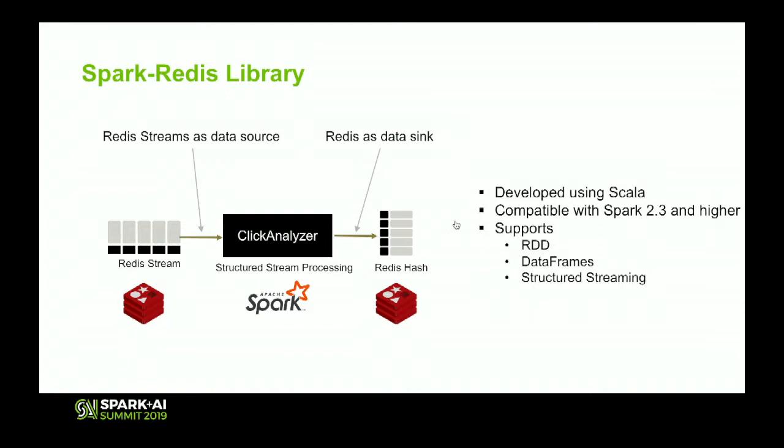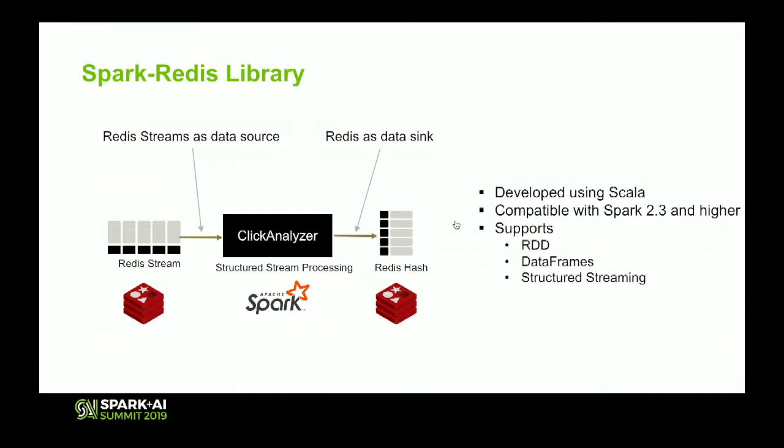And it supports RDD, data frames, structured streaming, everything, all cool stuff. And you can use this library to connect your Spark engine to Redis as a source. So you can make Redis your data source. And when I say Redis, it's not just limited to Redis streams. You can even have lists or any other data structures in Redis that become source for your computation.